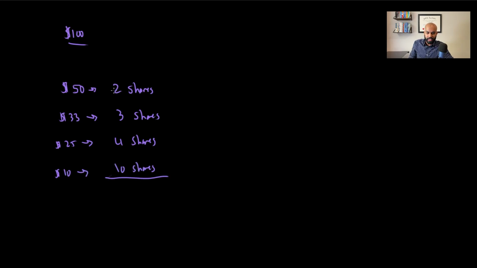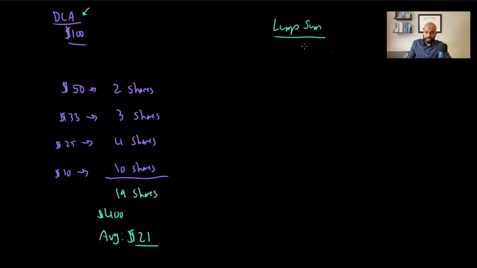So overall, you're getting 2 plus 3 plus 4 plus 10, that is 19 shares, and you invested a total of $400. So the average price comes to about $21 a share. Now this is with the dollar cost average method. Let's compare this to the lump sum so we could figure out why we use dollar cost average. With the lump sum, let's say you have that $400, broken up into 4 months.